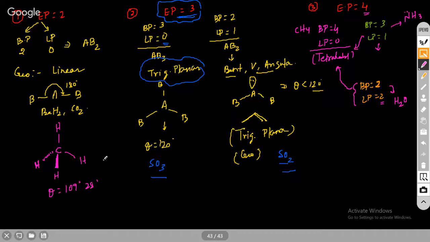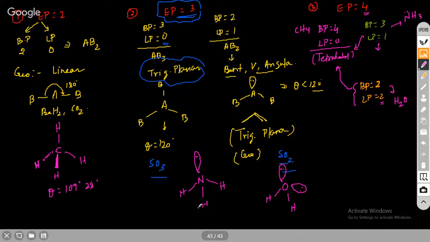So structure of NH3 will be what? Out of this one, in place of 1 bond we'll have 1 lone pair, and then we have 3 hydrogen. I'm drawing it simply only. And then if you draw H2O, so H2O will be like this. And then here we have 1 lone pair, and here we have another lone pair.